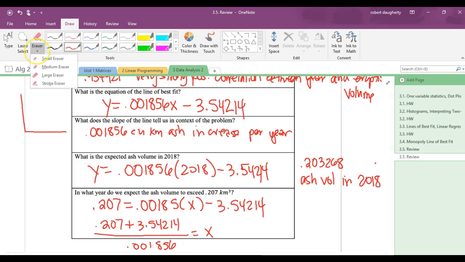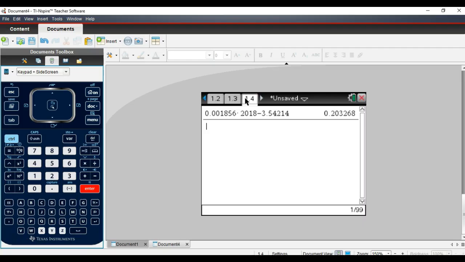And let me make a little bit of a correction here. So I put this in my calculator, 0.207 plus 3.54214, is that right?